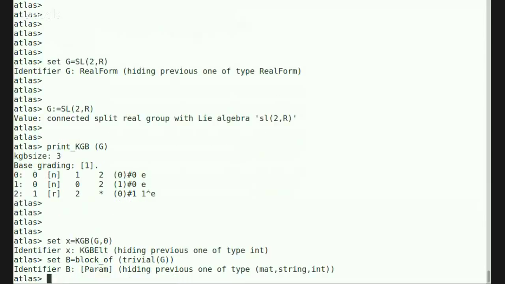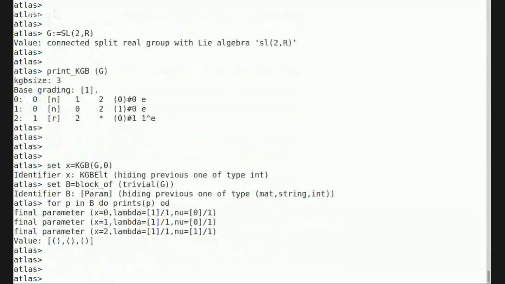And now Mark was encouraging me to do the following. I've been doing this a lot: for P in B, do print S P. And Mark recommended doing the following. Let's define a command, show.